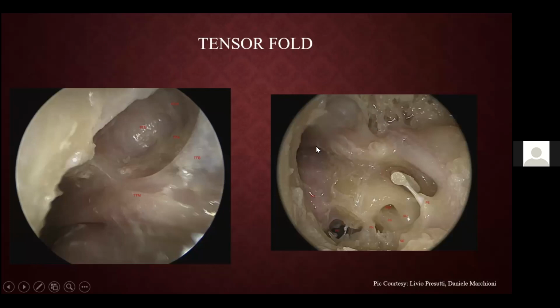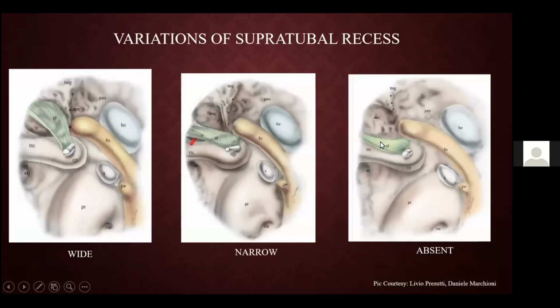This is because of the attachment and because of the complete closure of the supratubal recess of the protympanum from the anterior epitympanum. There are various supratubal recess morphologies depending upon the angulation of the tensor tympani fold.